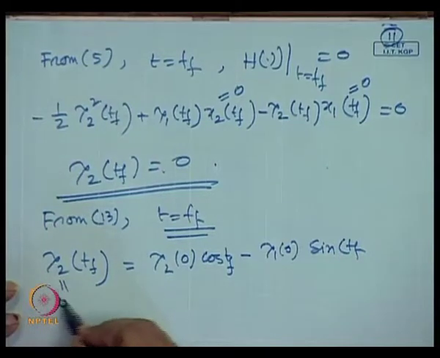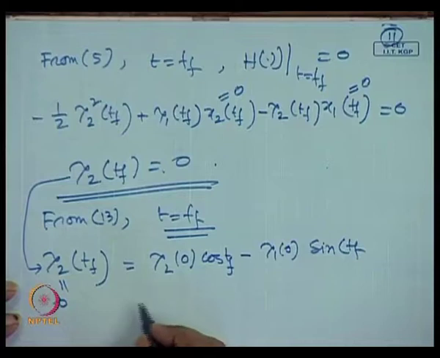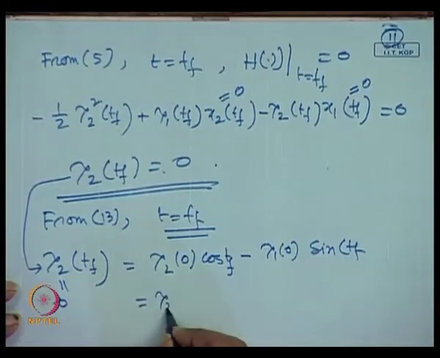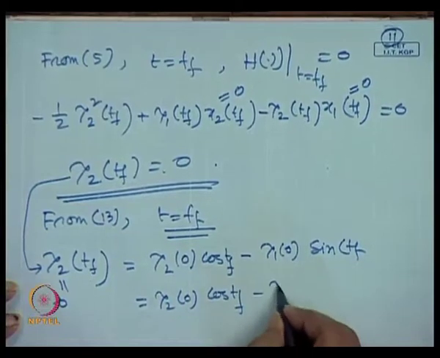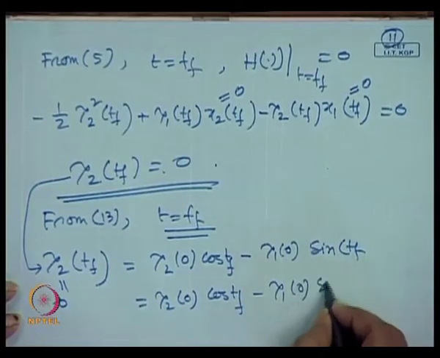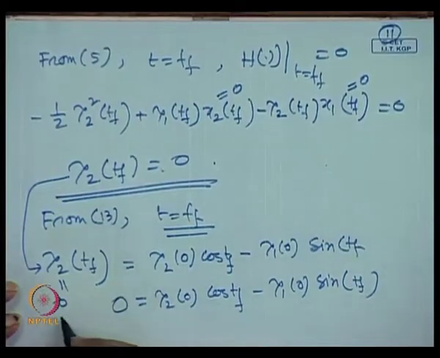This quantity is 0, we just got it. So, we can say λ2(0) cos T_f minus λ1(0) sin T_f is equal to 0, agree?